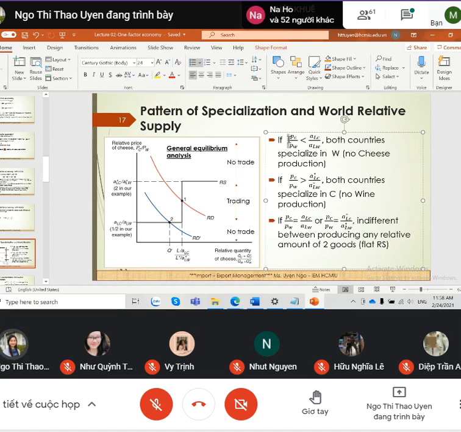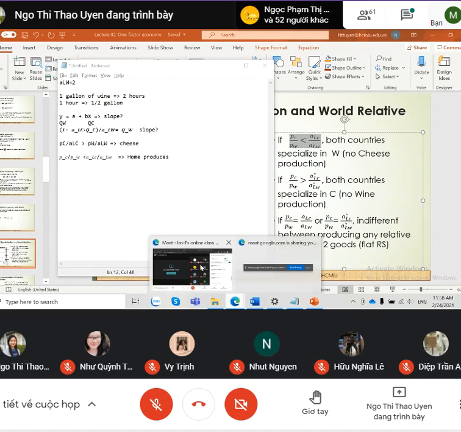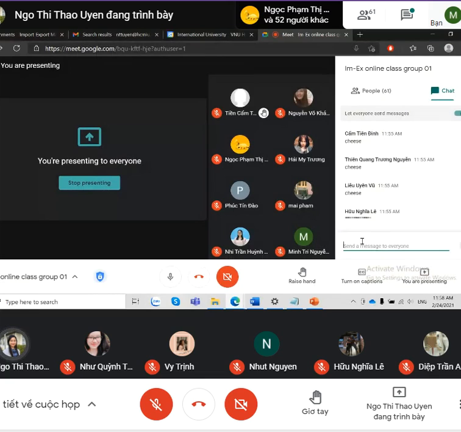The first case, when the relative price of cheese is smaller than the opportunity cost of cheese in terms of what? Of home. So home will produce what?